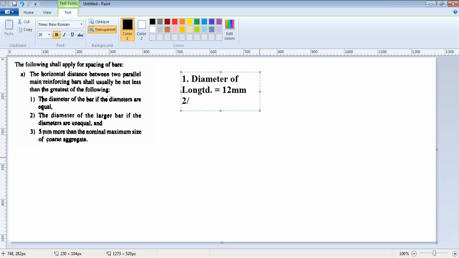The diameter of the larger bar, if the diameters are unequal, does not apply here. Bars are not unequal. We took bars of the same size, 12 mm, for all. Third point, 5 mm more than the nominal maximum size of coarse aggregate. The maximum size of coarse aggregate can be 25 mm at least, so we have to add 5 mm more, then it will be 30 mm.